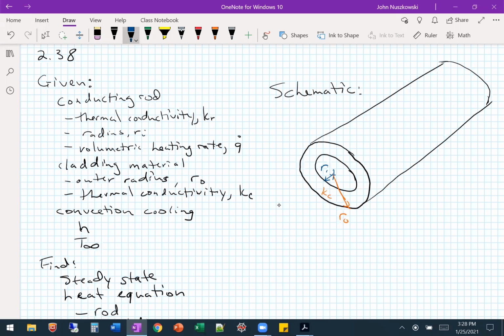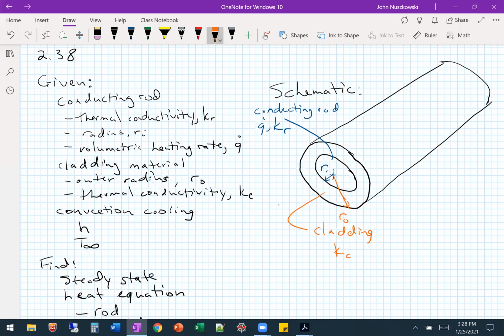So it's the conducting rod, and that has Q dot and Kr. And then the cladding material is Kc.